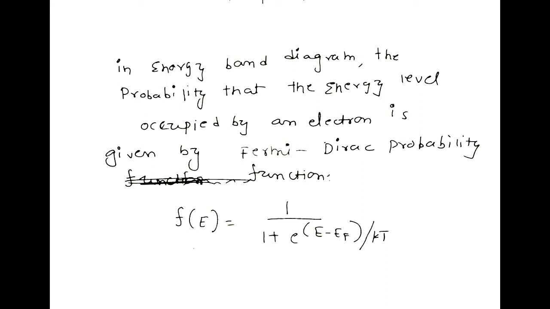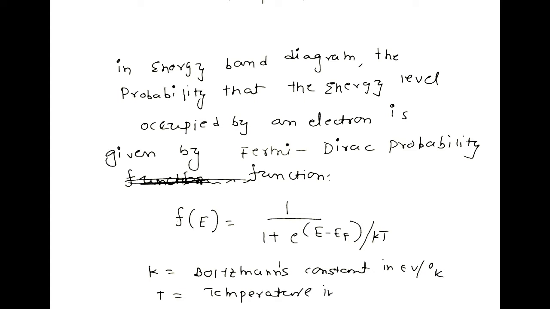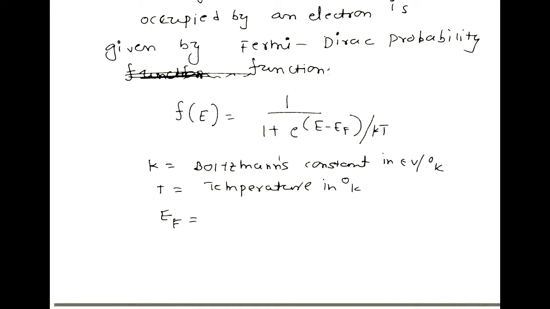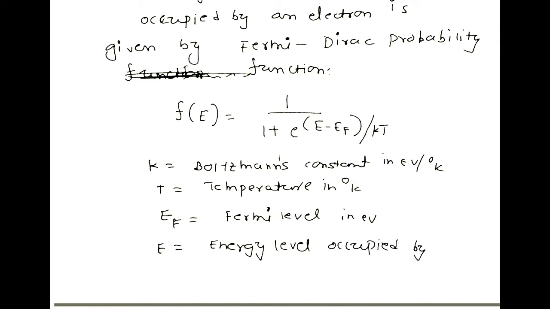This is a probability function that the energy level is occupied by an electron, where k is the Boltzmann constant in electron volt per degree Kelvin, T is the temperature in degree Kelvin, EF is the Fermi level in electron volt, and E is the energy level occupied by an electron in electron volt.